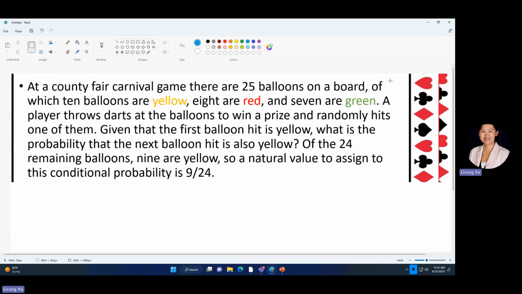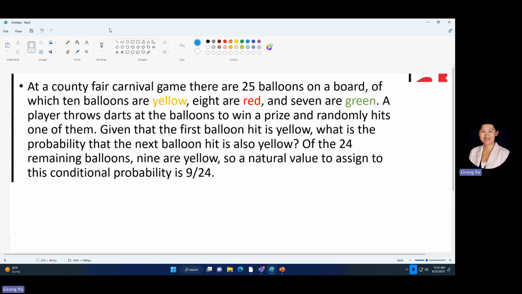And what is the probability of the second one? It says the first hit is yellow. How likely? What is the probability the next balloon hit is also yellow? So we're thinking about, assuming you already knew the first one is yellow, what is the probability that the second one is also yellow?